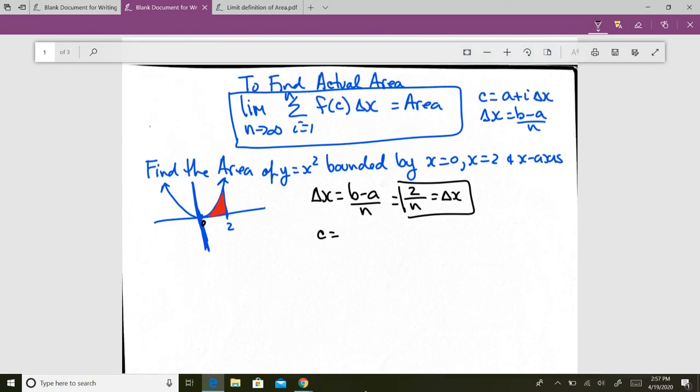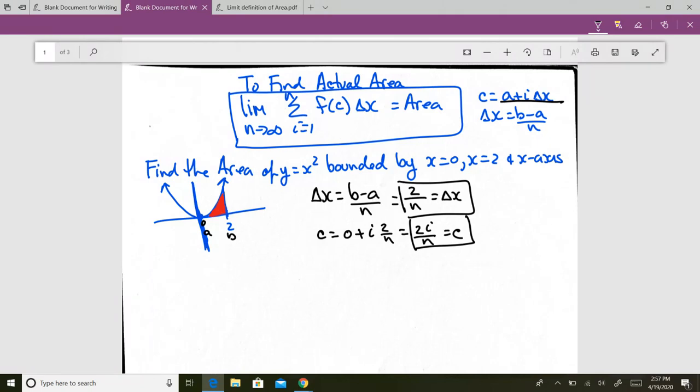C is a plus i delta x. A is 0. So 0 plus i times delta x. What's delta x? 2 over n. Right? So it's going to be 2i over n. There's your c value.